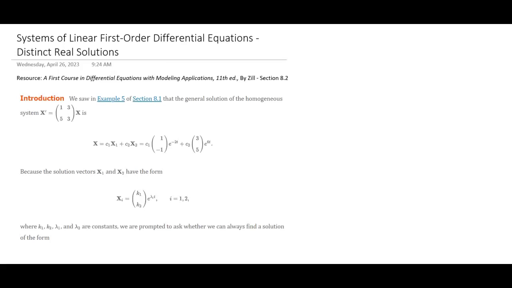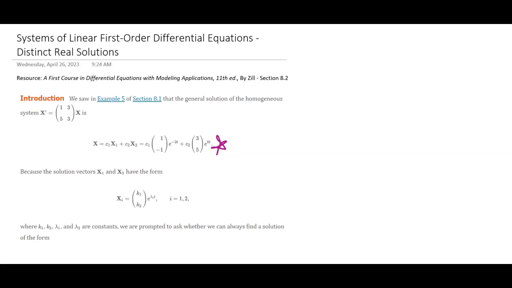So in the previous video, we showed that this was the solution, and I'm going to work backwards in this one, and then I'll show you one more example. Both of these, x1 and x2, have a form very similar to what we did with first order, second order differential equations.